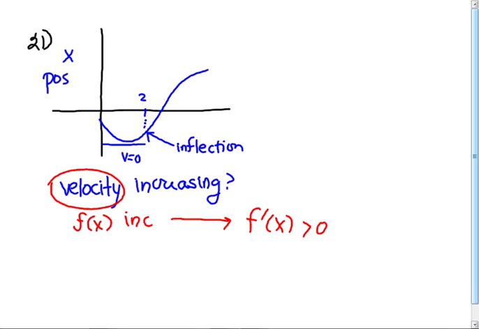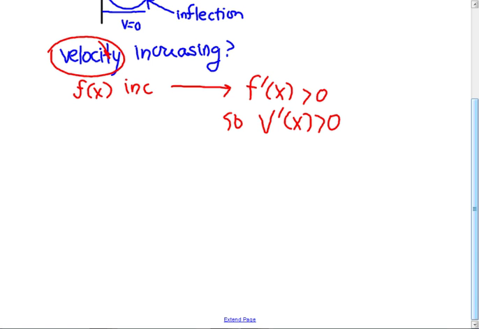I'll show you two ways to think through this problem. So forget that it's velocity. It's a function. How do you know the function's increasing? Well, my function is my velocity. So the derivative of the velocity has to be greater than 0. What is that? That's acceleration, which I still don't see the answer very well, but velocity is dx/dt.